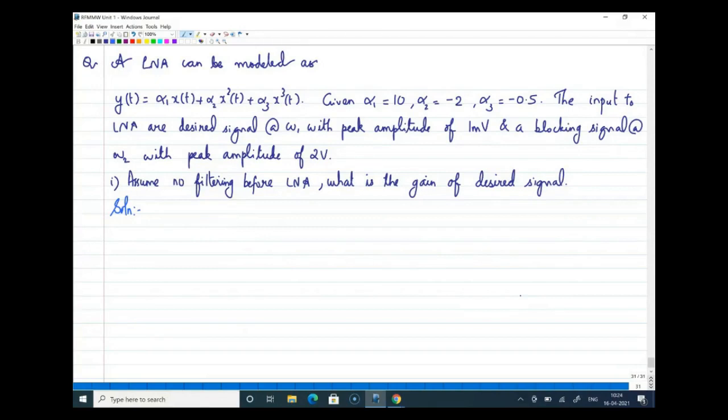So can I get an answer from someone? Can I check with Parth Rajanish. Are you there? Yes, sir. Parth, can you tell me what will be the gain of the desired signal, or the expression of gain? You may refer to what we have discussed yesterday.